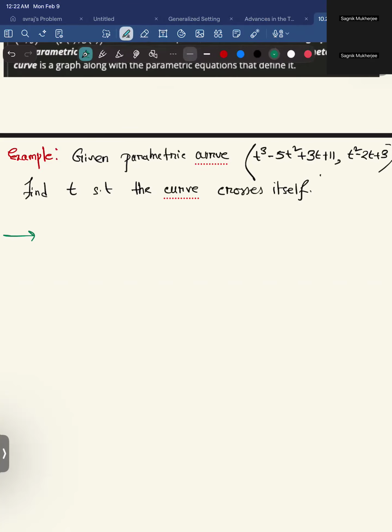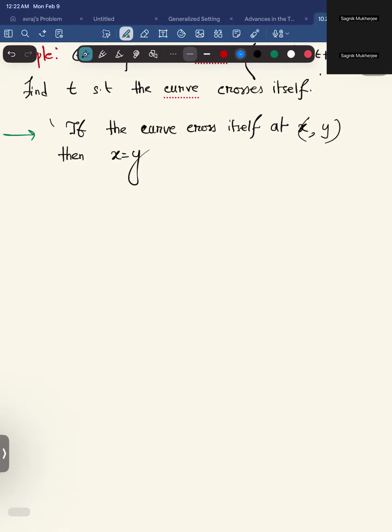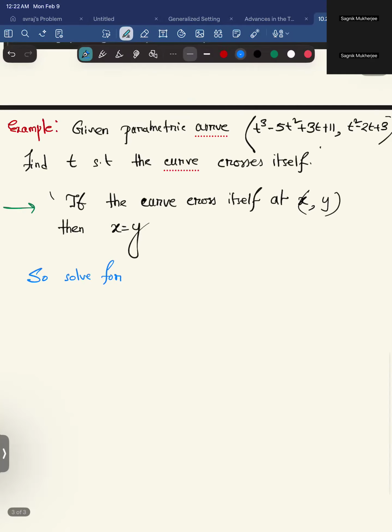So that means if the curve crosses itself at x comma y, then x is equal to y, right? So you have to solve for t in the following equation.